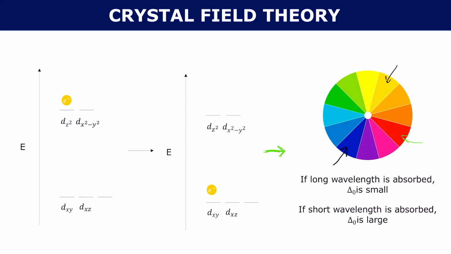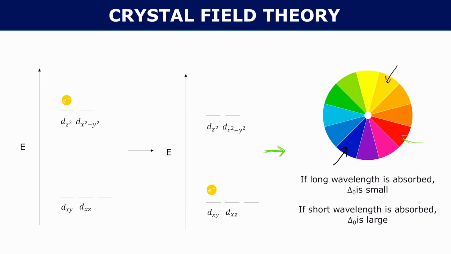If it takes less energy to excite the electron, then that means that the difference between your two sets of d orbitals is smaller. So long wavelength equals small delta naught. If your wavelength was short, then that means you're carrying more energy. If you're carrying more energy, then that means it took more energy for the electron to move up to the higher energy orbital. So your delta naught is large. And that's how colors work in the perspective of crystal field theory.